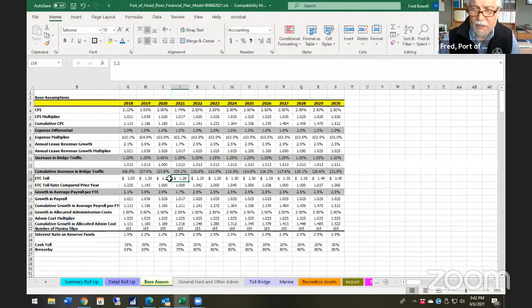And in previous discussions with the board, they were looking at, why don't we at least increase the tolls and keep pace with the CPI? If I were to do that in this next year, 2022, I'm showing about a nickel increase in the Breeze Buy rate.